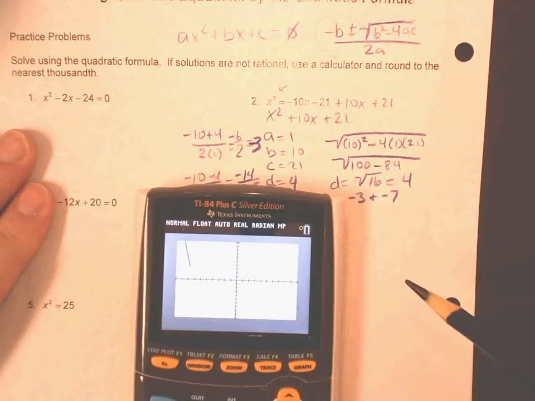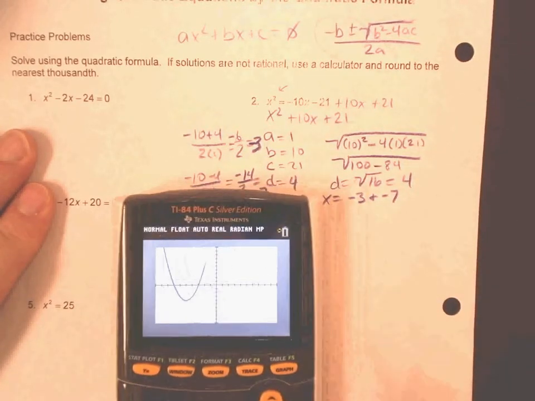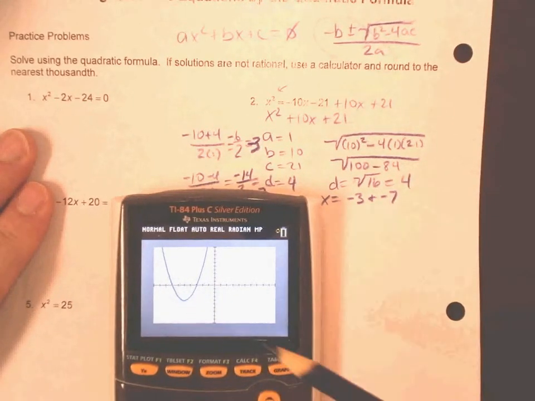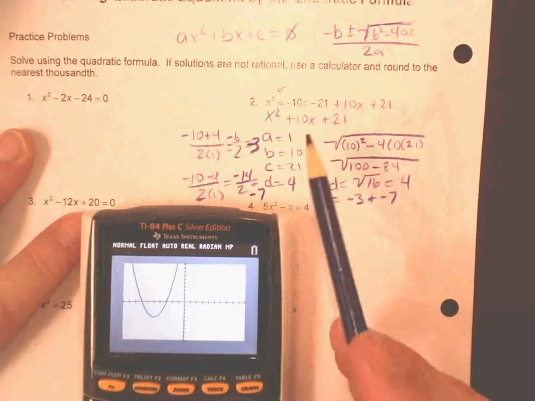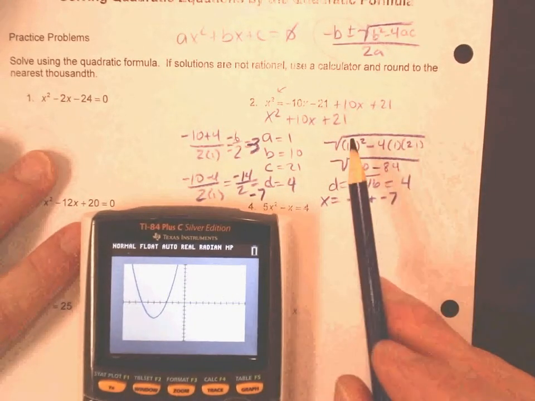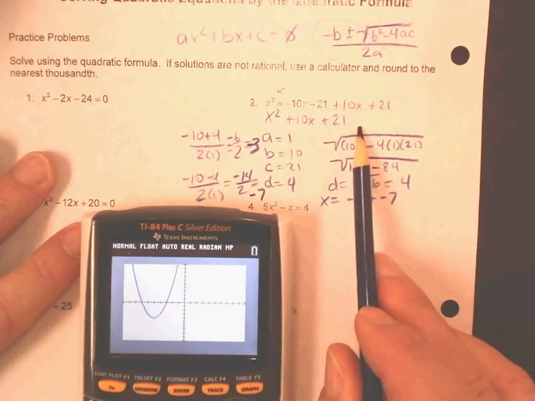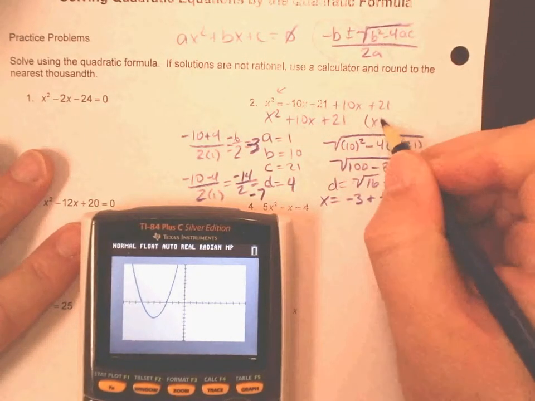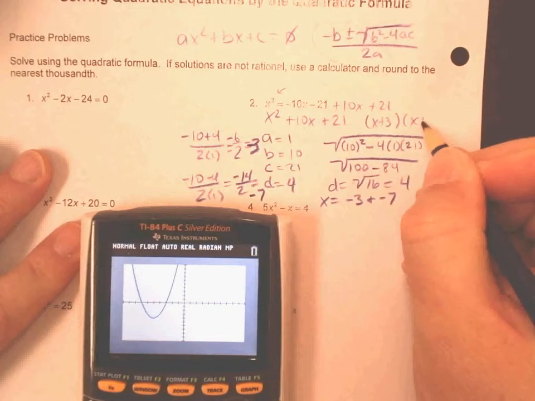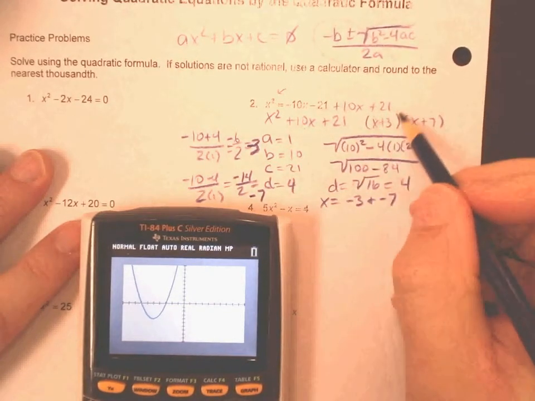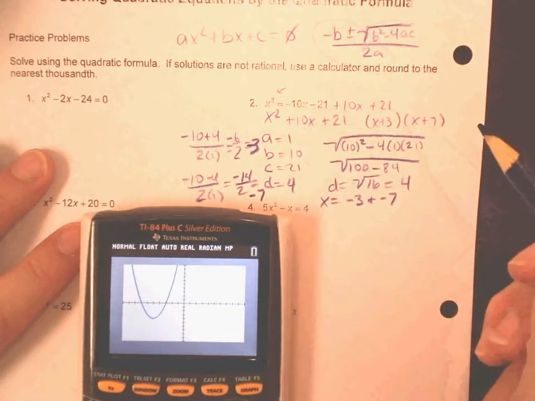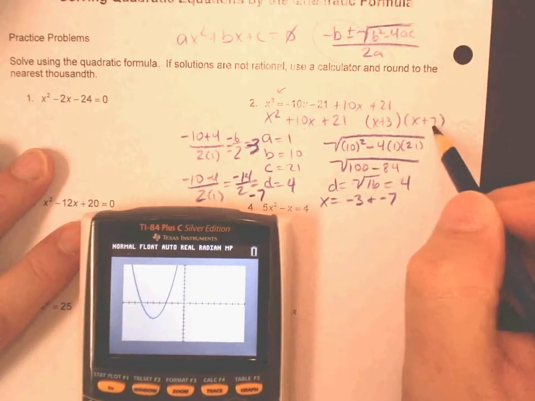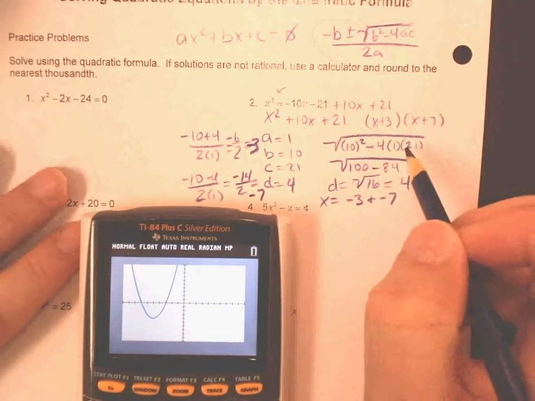When I graph it, I will see that it crosses at negative 3 and negative 7. It shows me where this crosses the x-axis. And that's exactly what the quadratic formula did. If I were to factor this, it would factor to x plus 3, x plus 7. The negative 3 would make this term 0, which would mean that my whole term would be 0. Negative 7 would make this term 0, which would also make the whole term 0.